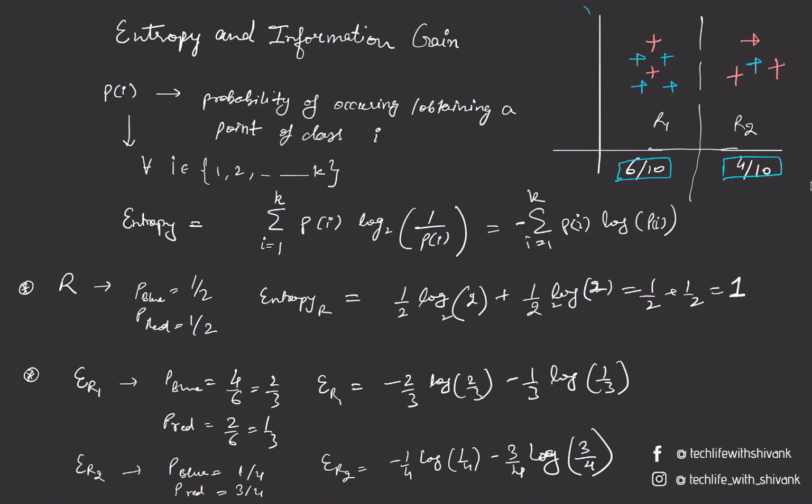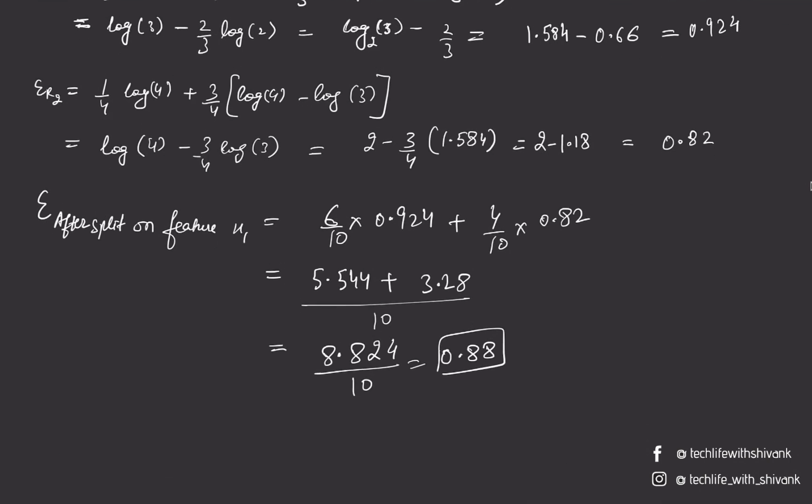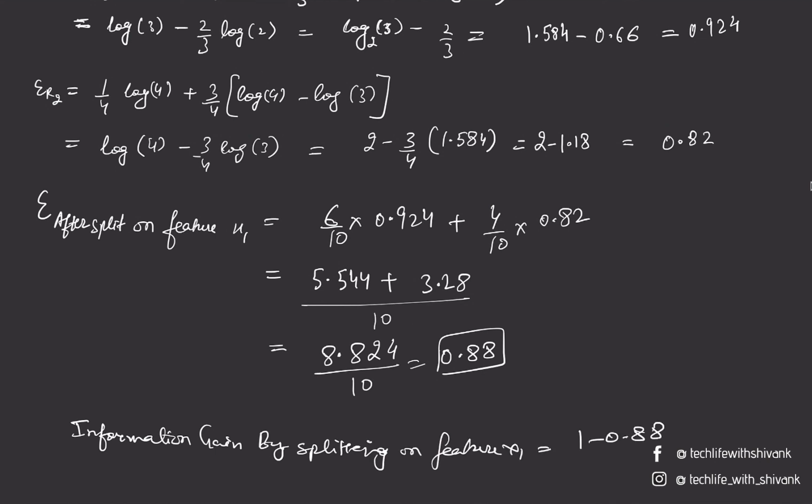Information gain is nothing but reduction in the entropy. So in our case, information gain by splitting on feature x1 is 1 minus 0.88, which is equal to 0.12.